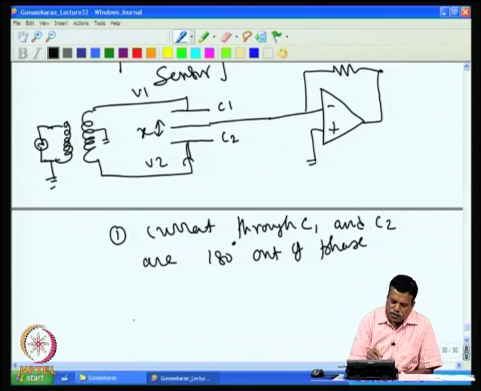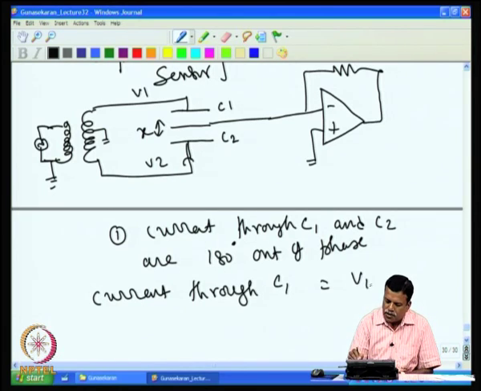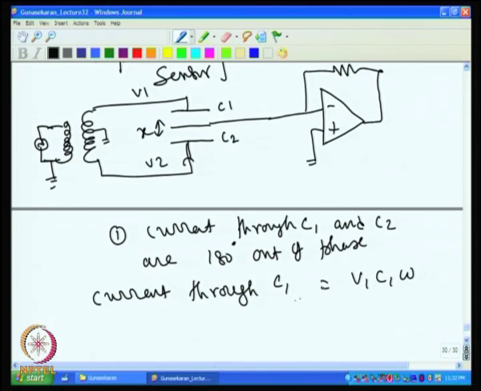The current through C1 is V1 C1 omega with the j component, and the current through C2 will be V2 C2 omega.